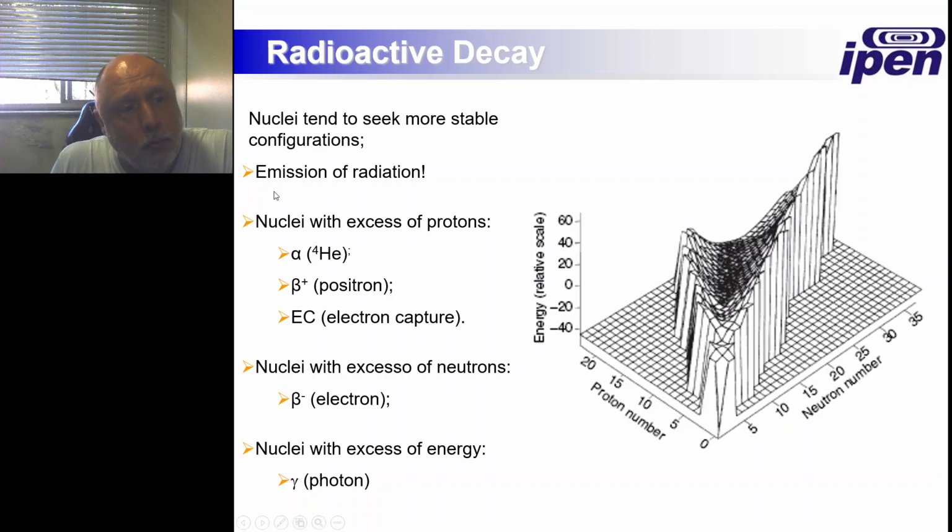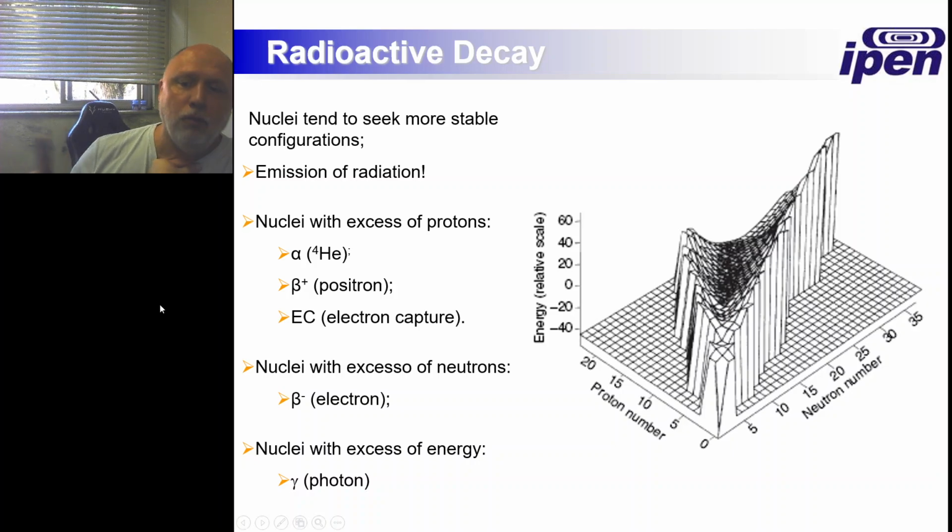But this means it has to emit radiation by doing that. If we have a nucleus with an excess of protons, of course it can decay by alpha radiation, which we have already talked about. We reduce 2 protons and 2 neutrons and take it to a more stable situation. But there's another thing we didn't talk about until now.